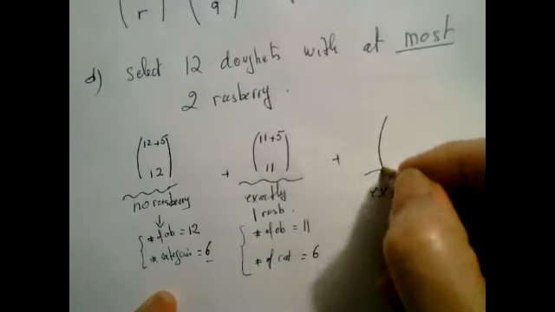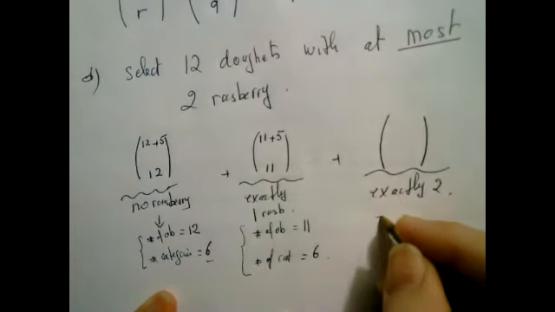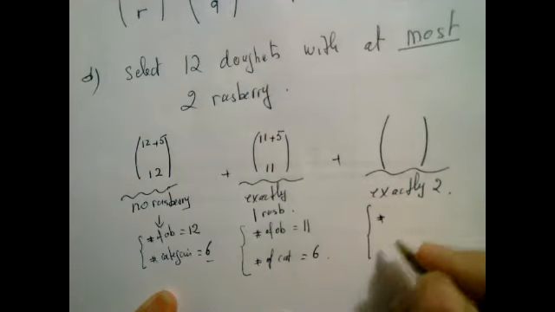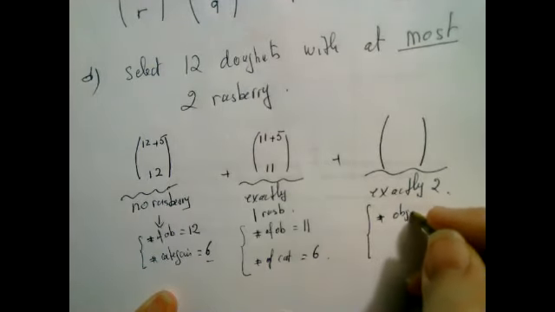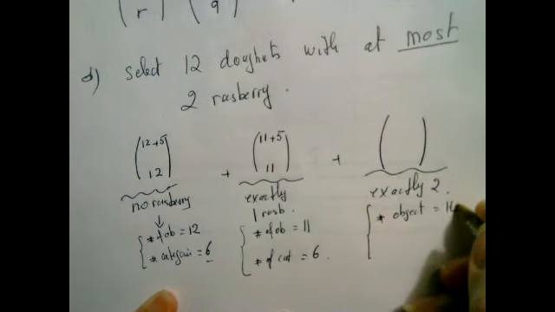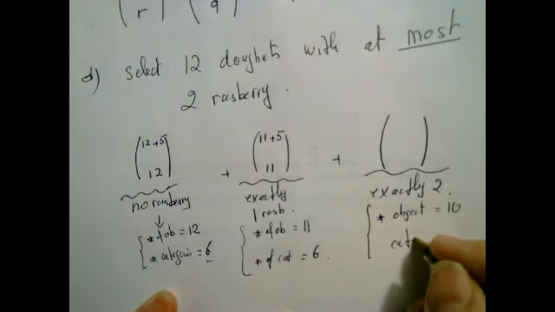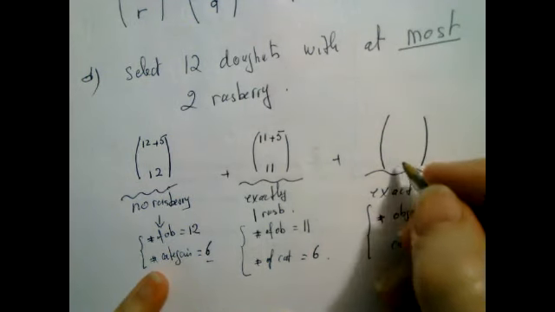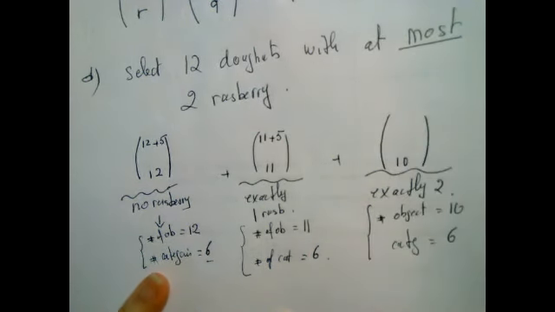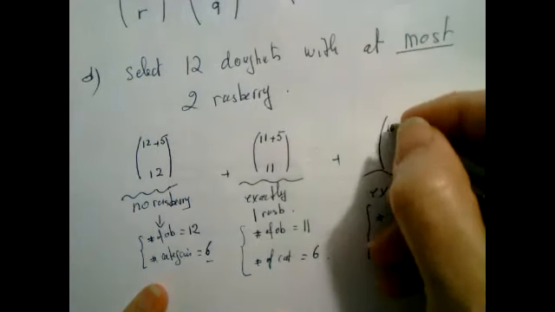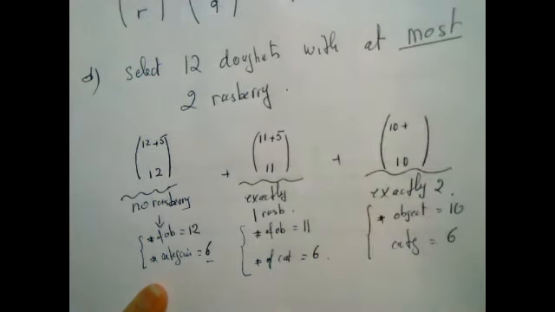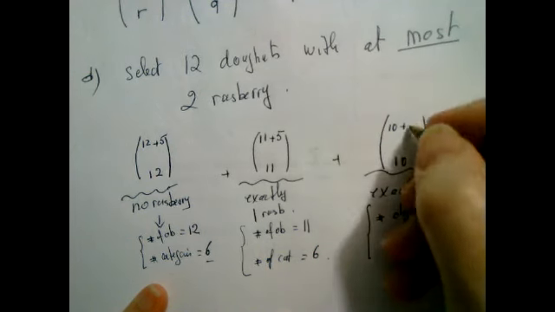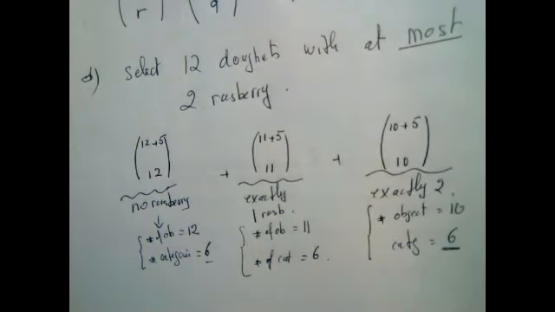Exactly 2. Now I have 10 objects of them. And the categories, I have again 6. So now I'm going to have 10 stars on my string, and I will have the ones, which is what separates my categories, which is 5.